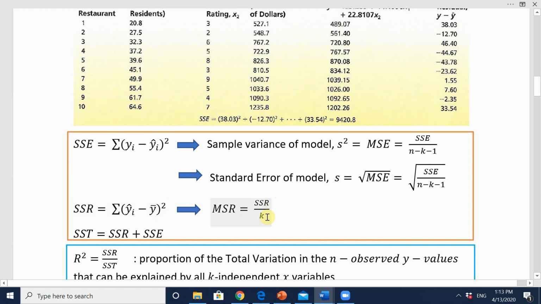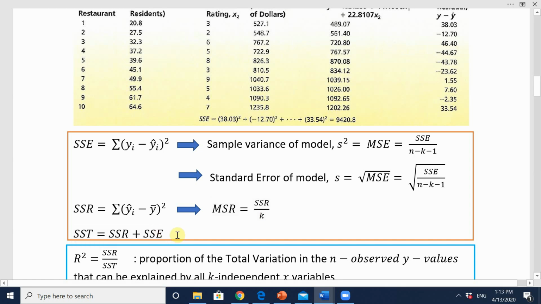Okay, and we divide that by k in order to obtain our mean squared regression residuals. K, let's not forget over here, is the number of independent variables used in the multiple regression. In this case, we've got 2.